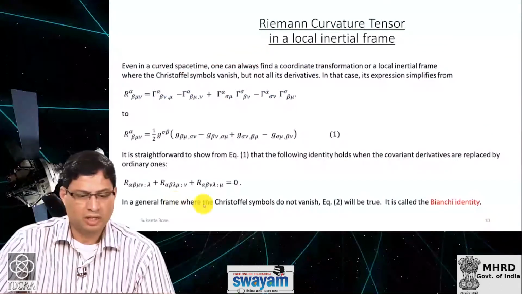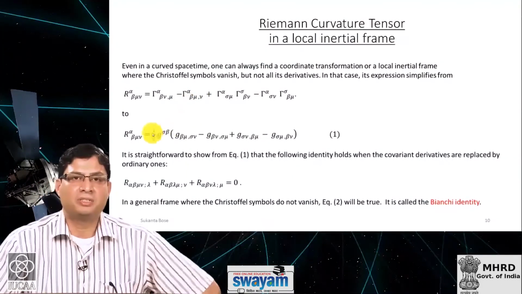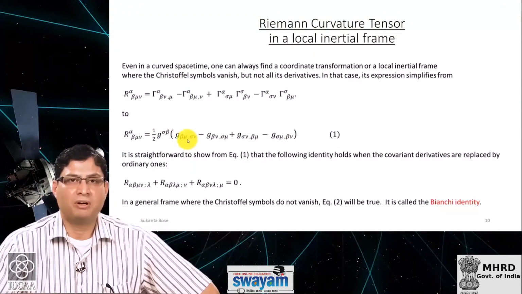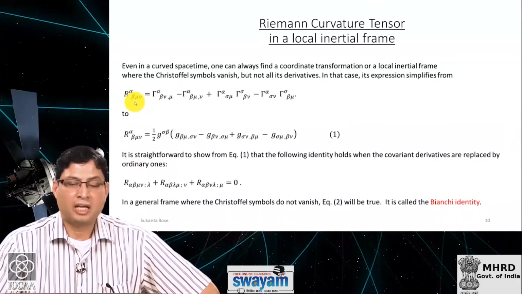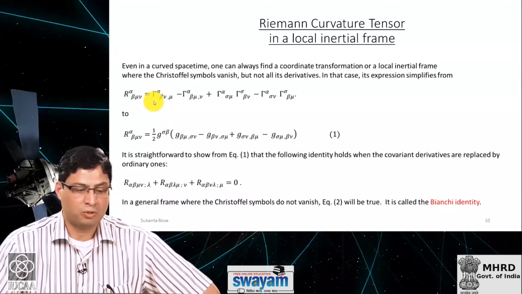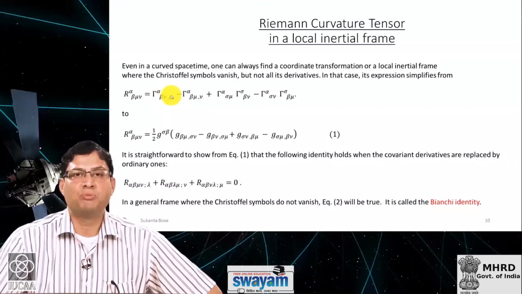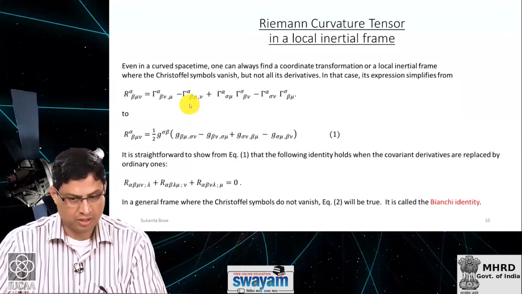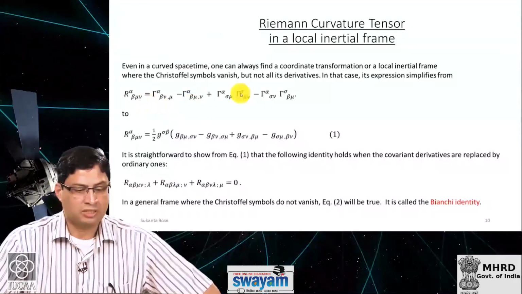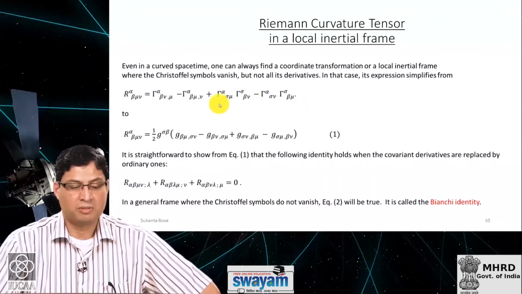Moving on. Because of this, we can express the Riemann curvature tensor in terms of double derivatives of the metric. I gave you the general expression in terms of covariant derivatives in the previous slide. So this is a general expression for the Riemann curvature tensor in terms of the Christoffel symbols and their derivatives.